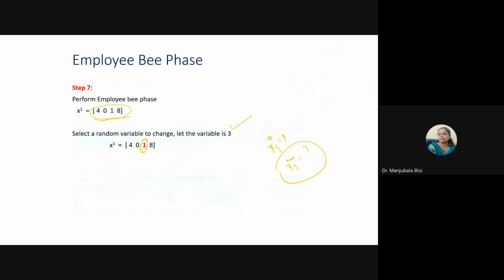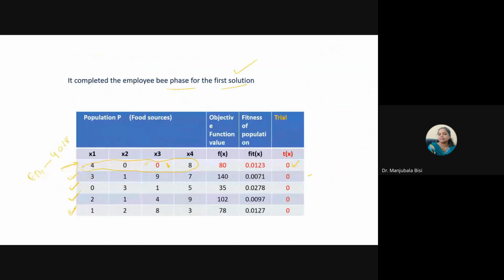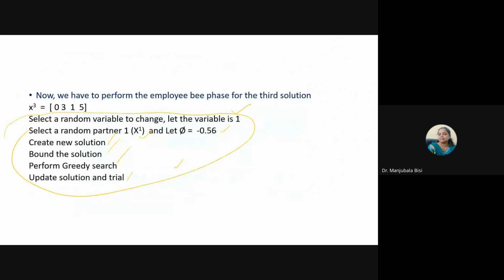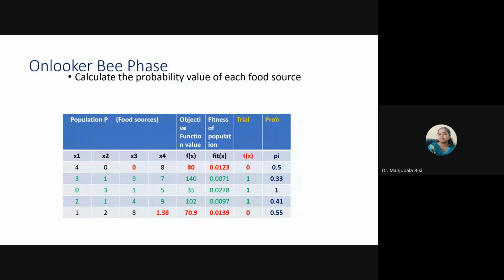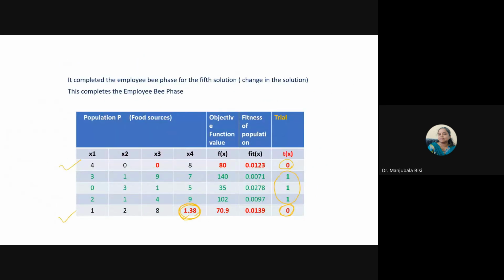So a new population we are getting after doing the employee B phase. So this is the output of your employee B phase. We have started with 5 solutions, and after the employee B phase also we are getting a population having size 5 and the 5 solutions are there, right?